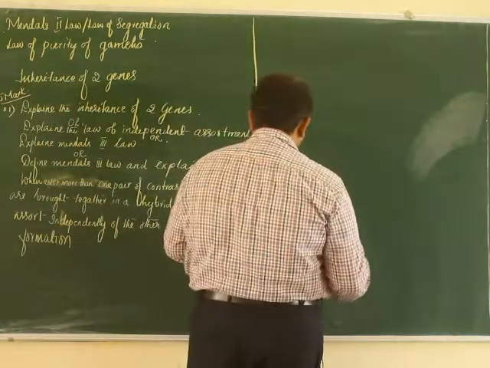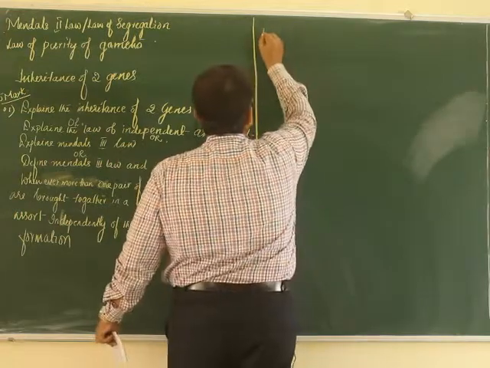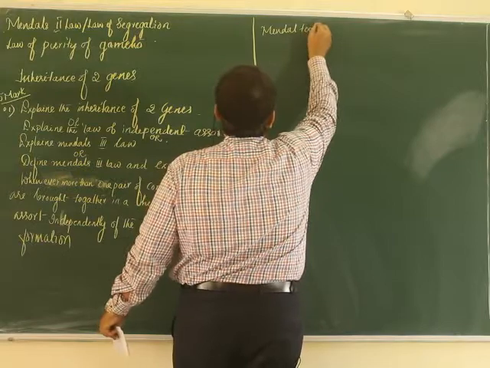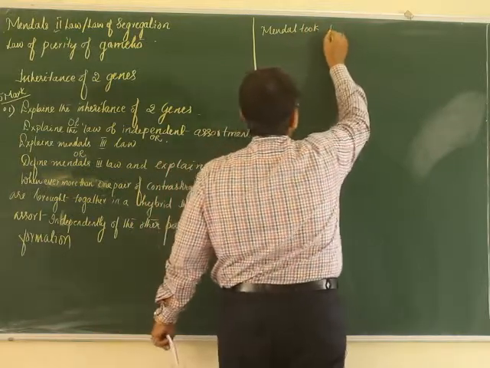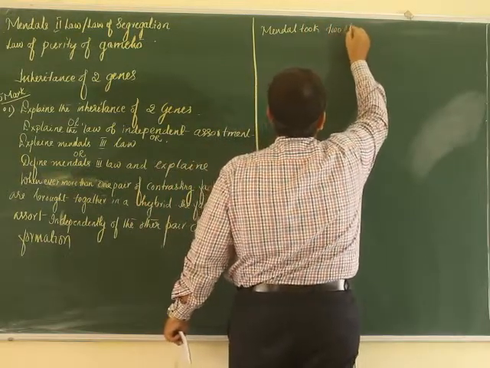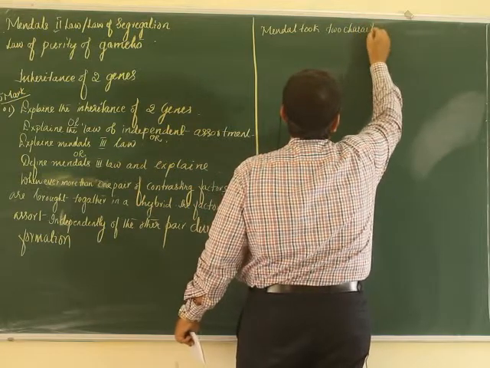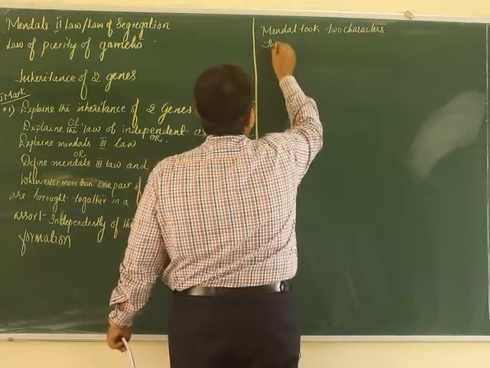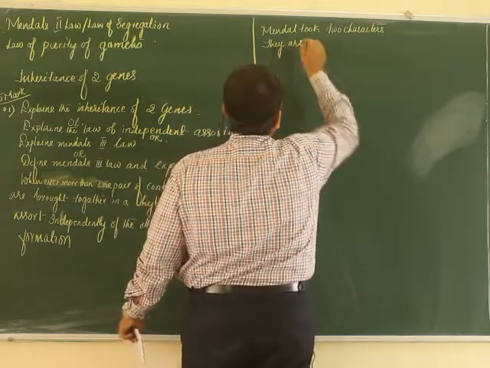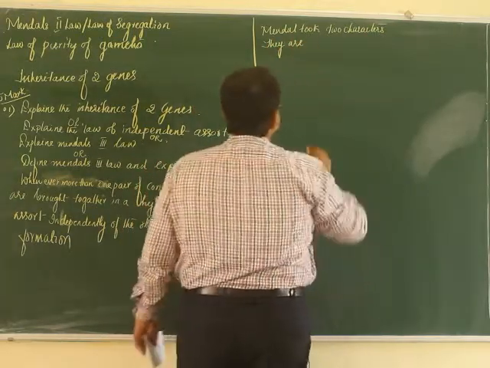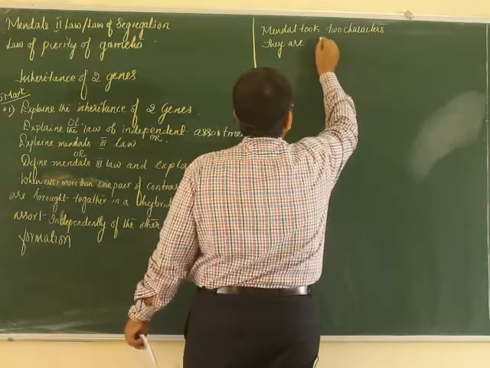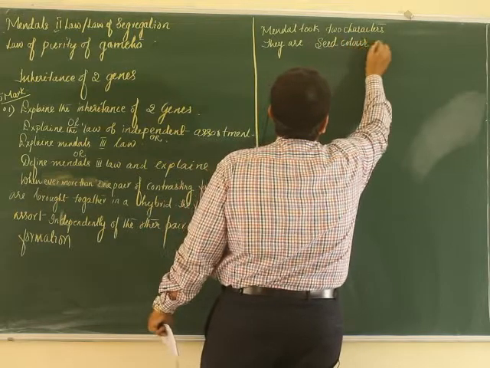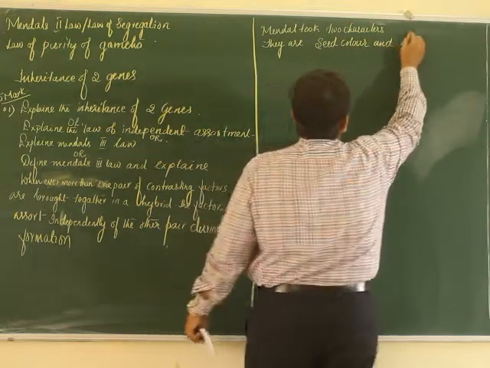So, Mendel took 2 characters. They are, you should write the notes in this format only. They are seed color and seed coat.